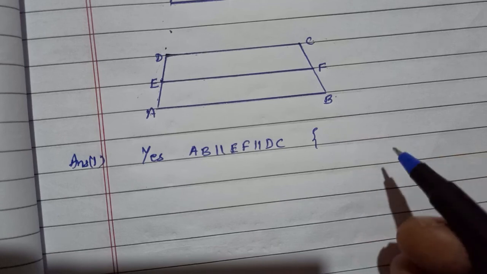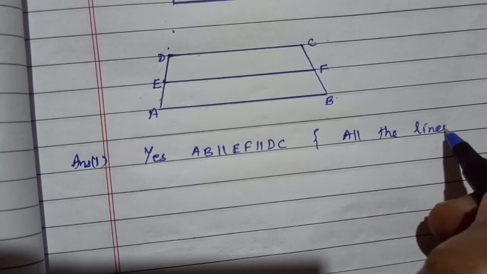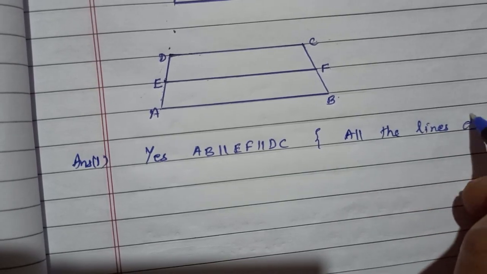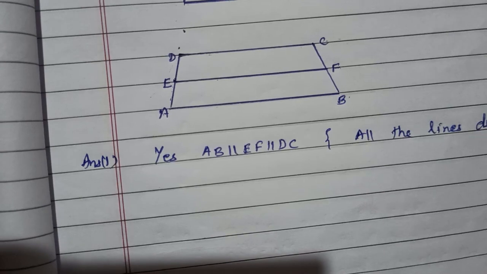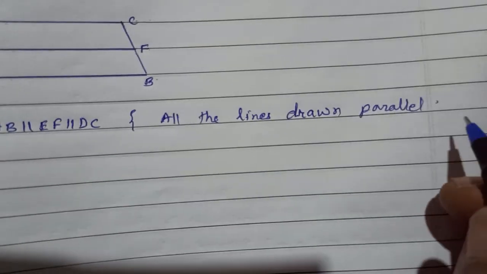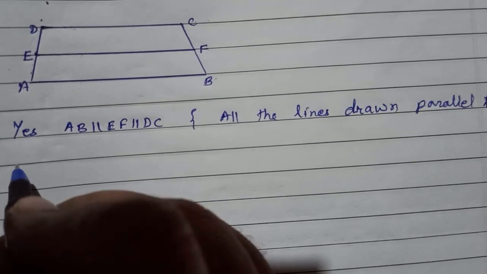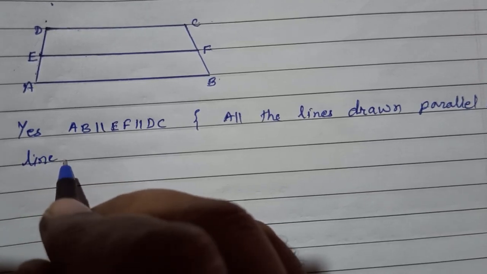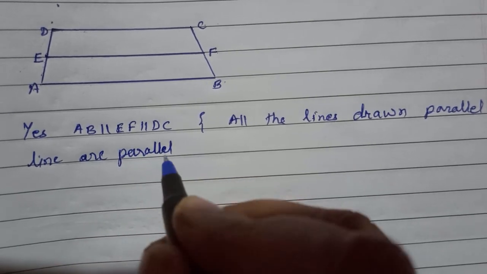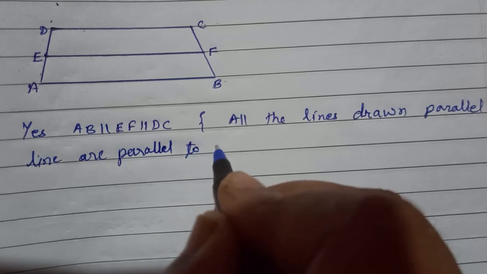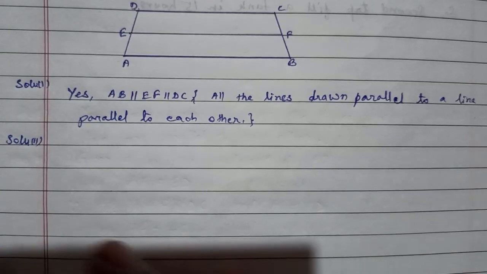And we know that all the lines drawn parallel to a line are parallel to each other.